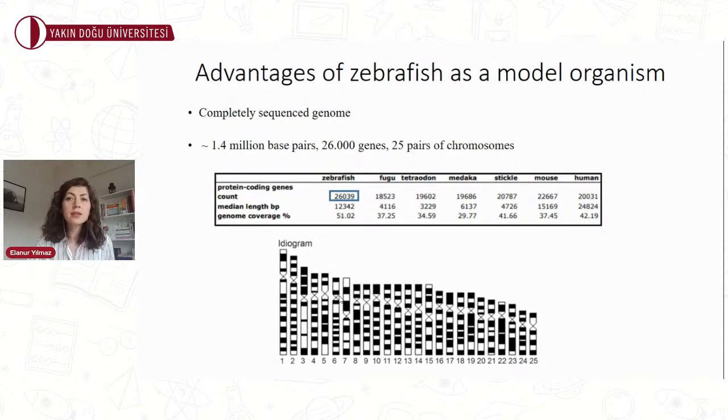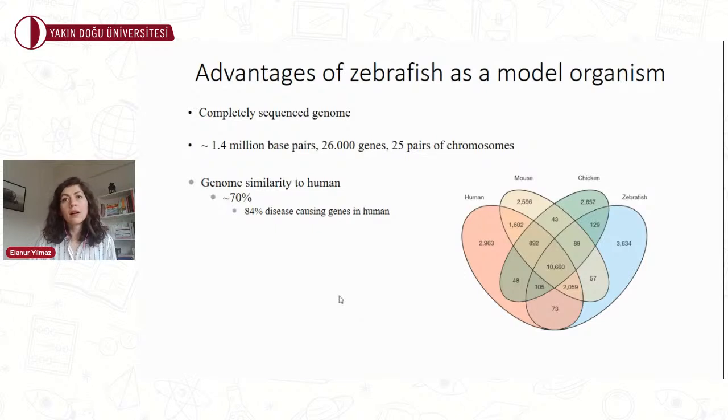And in comparison to the human genome, approximately 70% of zebrafish genes have at least one human ortholog, and 84% of the known human disease-causing genes have one, which means that a large share of these 70% of genes are disease-causing genes in humans.